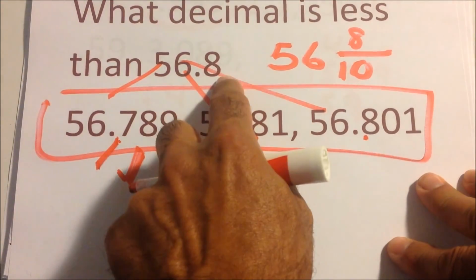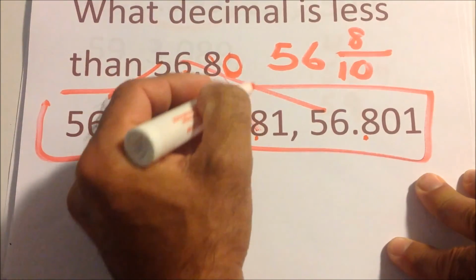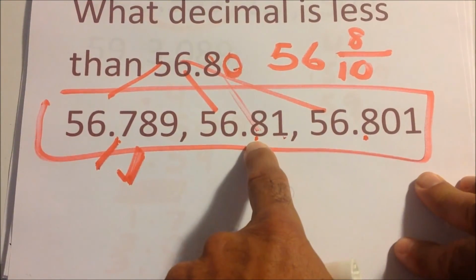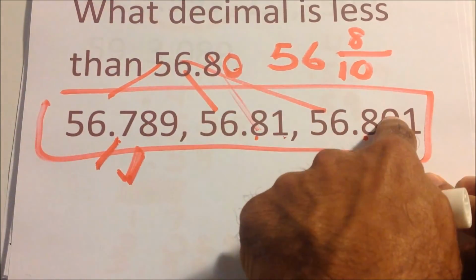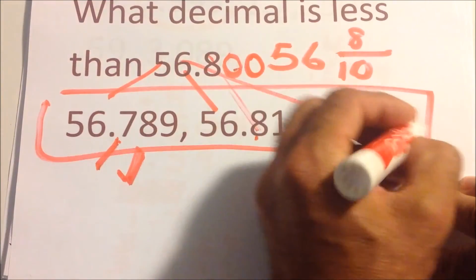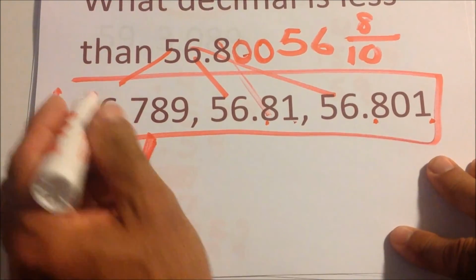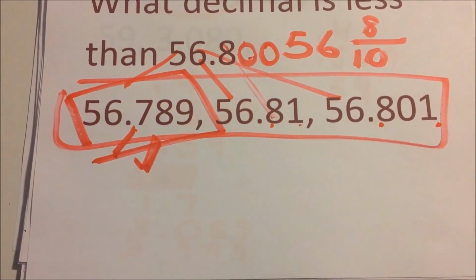Well, this has 0.8, and now there's a 0 there. They both have an 8. This has a 0, this has a 1, so this one's greater. This one has an 8, 8, 0, 0, and then we can add another 0 and a 1. So this one's greater. So which decimal's less? This one, 56.789.